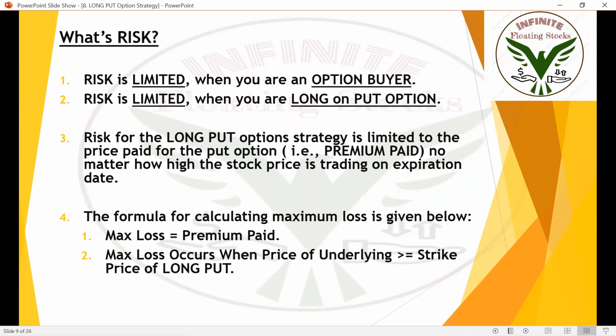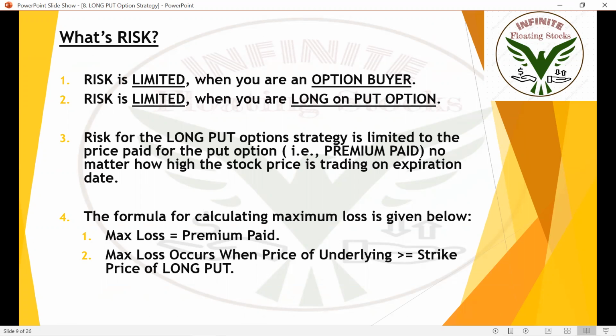Risk is very limited when you're an option buyer. Yes, we are an option buyer because we are buying a put when the market is going down. As an option buyer, you are paying a premium and entering into an option contract, which means you are getting the right.